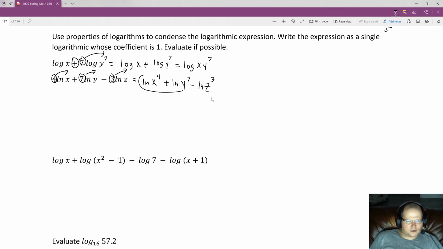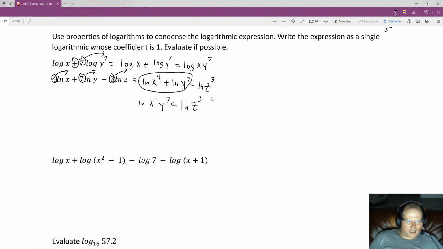Then I'm going to combine the first two because there's addition. Now, if it occurred to you, you could combine the second two because there's subtraction, that'll actually work. The math looks a little worse, so I'm just going to do it this way, though. So natural log of x to the 4th, y to the 7th, minus natural log of z to the 3rd.